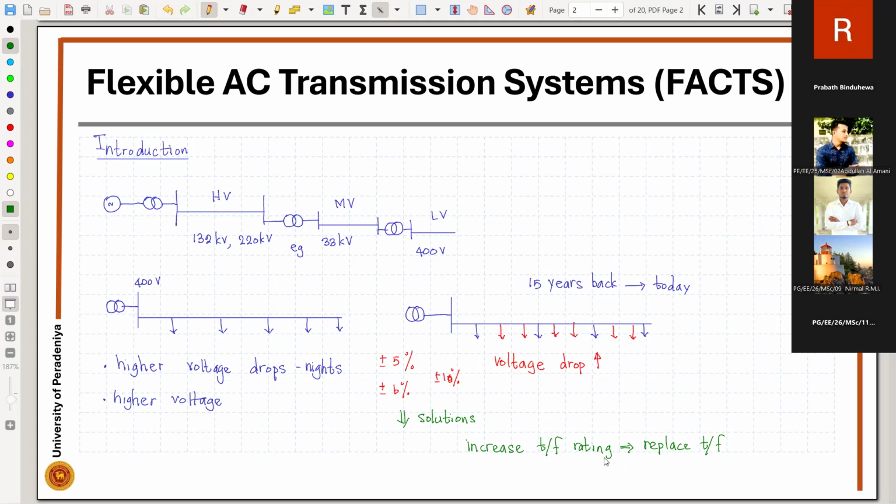What do you mean by reduce the distance of the transformer? It is not clear.